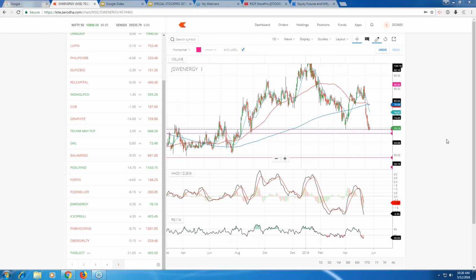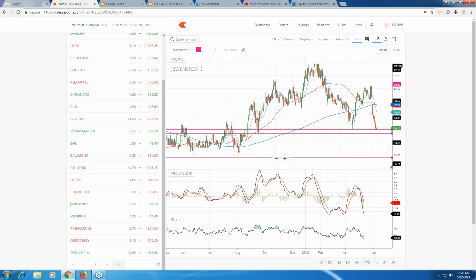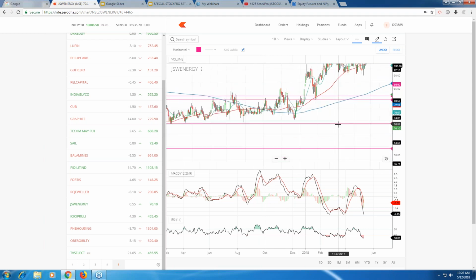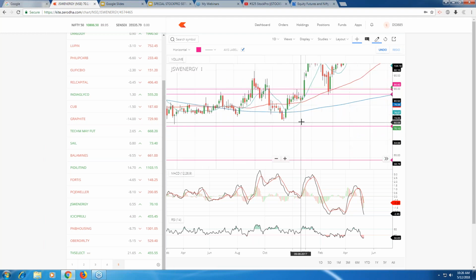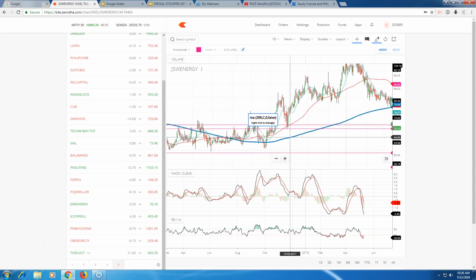When you have a 200 moving average below, it doesn't break very heavily, just a few points here and there, like from 62 it came down to 60 over here. See, it broke the 200 moving average at 63, came down to 63 points only and then bounced back. So it's very difficult to break the support of the 200 moving average.